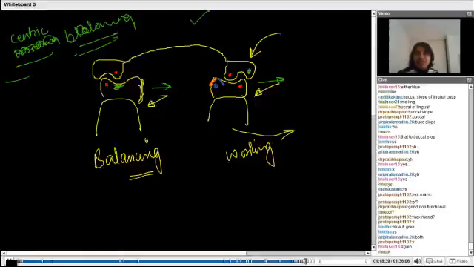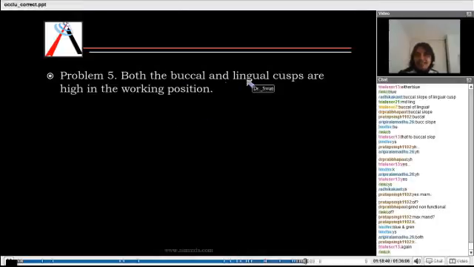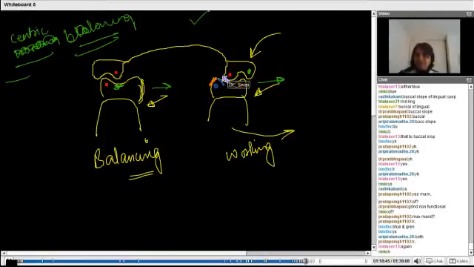It says both the buccal and lingual cusps are high in working position. Okay, if I consider mandibular, fine, let me consider anyone. Let me consider mandibular buccal and lingual being high in working position. So where is my mandibular buccal contacting? It will be contacting this green dot. And my mandibular lingual will be contacting the red dot.